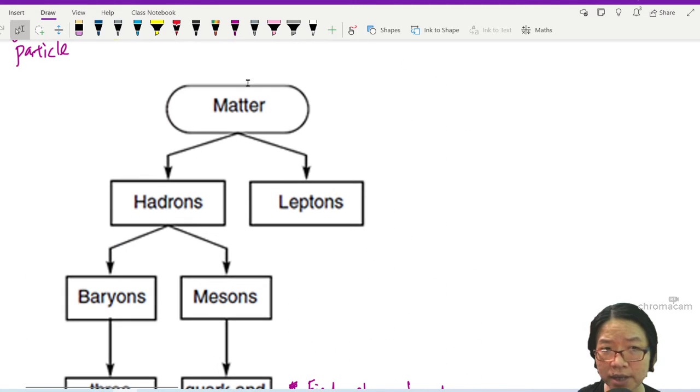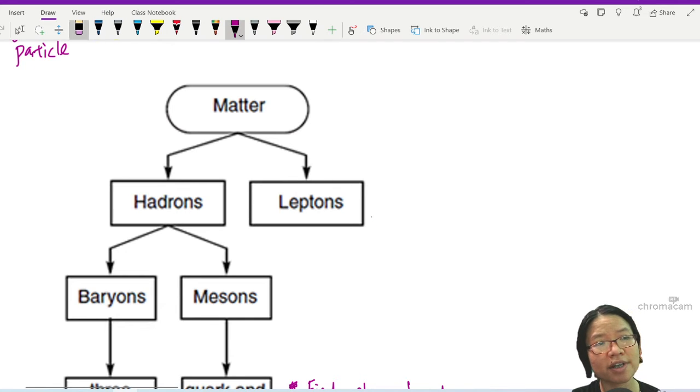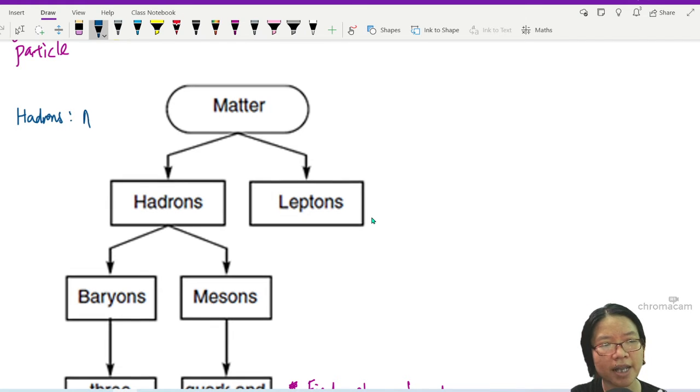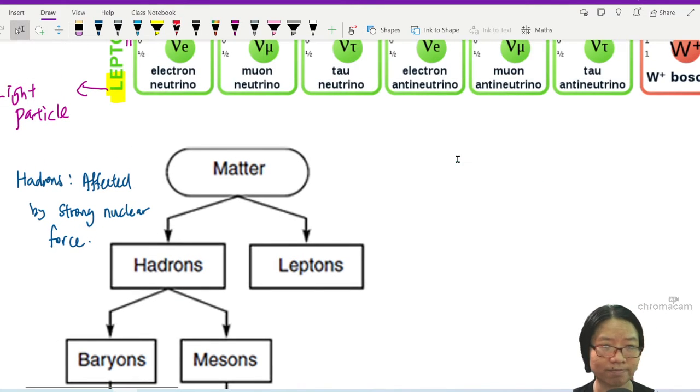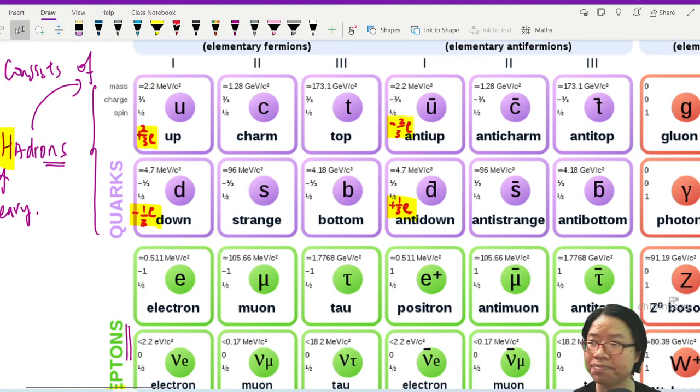So let's go through it again. Matter, hadron, and leptons. Okay, so the actual definition of hadron is what? Hadrons are particles that are affected by the strong nuclear force. In the previous video, we have already covered what strong nuclear force is, which is due to the interaction of gluon.